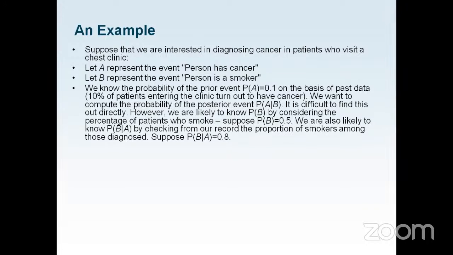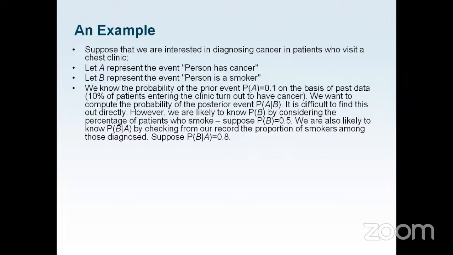That is, 10% of the patients entering the clinic turn out to have cancer. We want to compute the probability of the posterior event, that is P(A|B). It is difficult to find this out directly. However, we are likely to know P(B) by considering the percentage of the patients who smoke, suppose that P(B) equals 0.5.